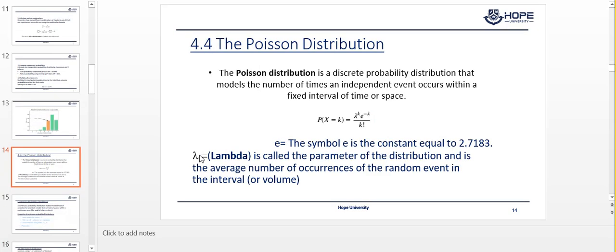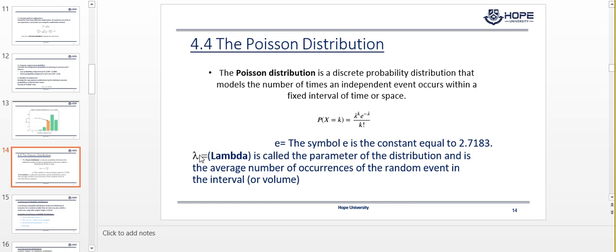What is the Poisson distribution? It is a discrete probability distribution that models the number of times an independent event can occur within a fixed interval of time or within a fixed space.